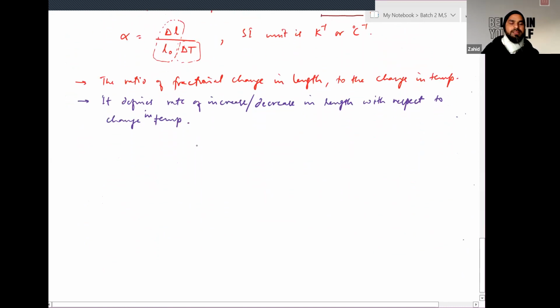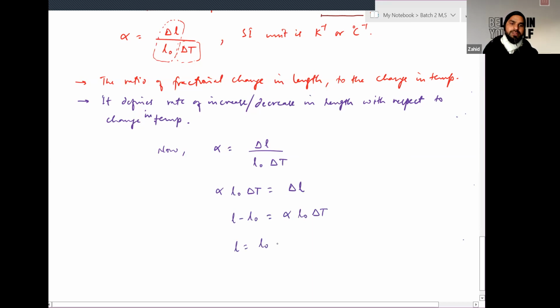Now, depending upon this particular relation, we may expand this as alpha equals delta L divided by L naught times delta T. So just cross multiply it. So it will be alpha L naught delta T equals delta L. We may write delta L as L minus L naught equals alpha L naught delta T. Move this L naught to right side.